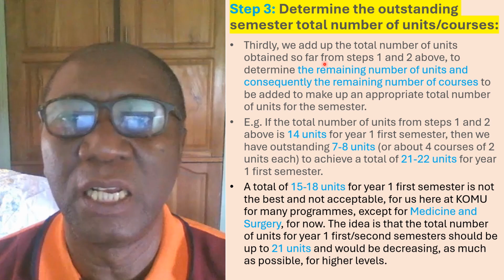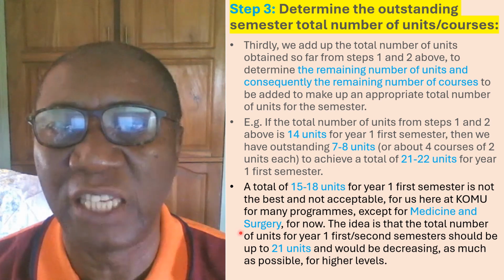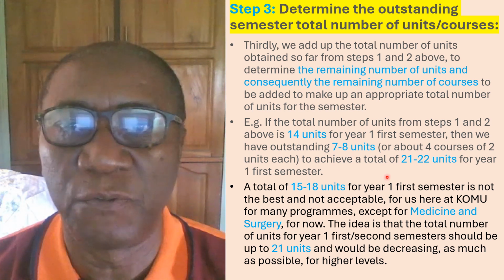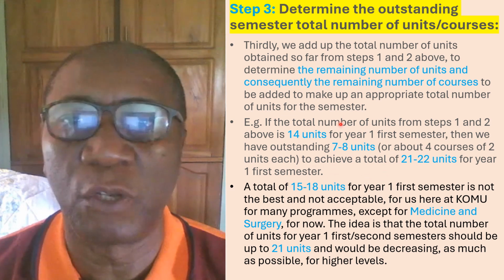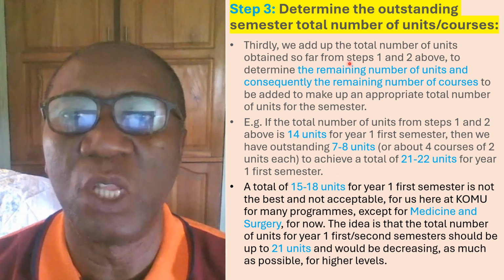If you add that, then you will now subtract from your expected total number of units in that semester, whether it's 21, 22, you subtract. Then that will now tell you the number of units.